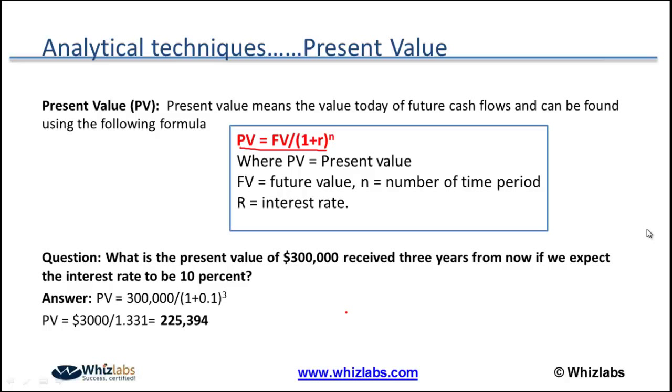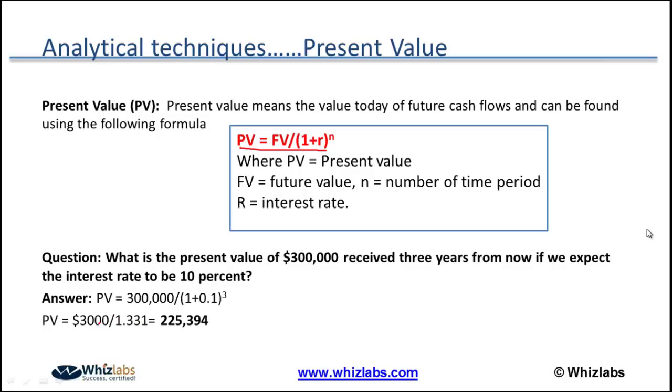Let's put 300,000 into the formula, which I'll get after 3 years. So that's my future value. 1 plus R, where R is my rate of interest, which is 10%, which is 0.1, and after 3 years, which is N, the number of periods, 3. So 300,000 divided by 1.1 cubed.